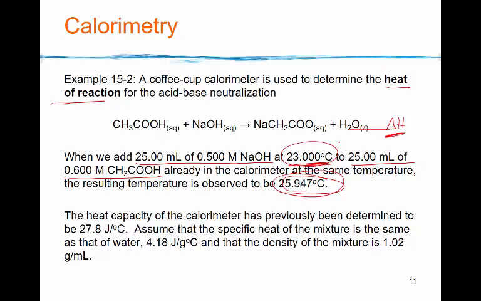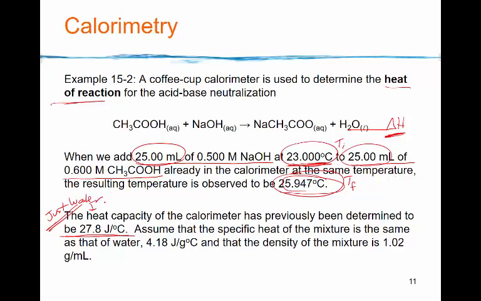So this would be the initial temperature, this would be the final temperature, and then we had 25 milliliters of each of these substances at different molarities. They already figured out the heat capacity of the calorimeter, which is what we did on that other problem by using just water and measuring the temperature difference. That's how you get that, you use just water in order to calculate the heat capacity.